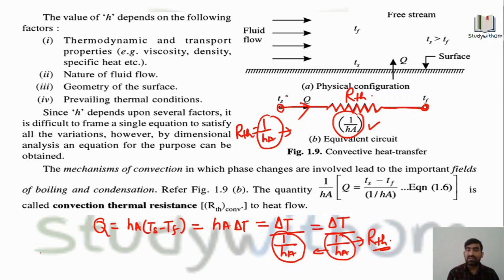So if the temperature difference is from Ts to Tf and heat is flowing as Q from the higher temperature to the lower temperature, or from the surface or plate towards the free stream, then heat transfer will take place from this direction to this direction, and in that case the thermal resistance may be considered as 1 upon HA, where H is the heat transfer coefficient and A is the area exposed for the heat transfer, right?